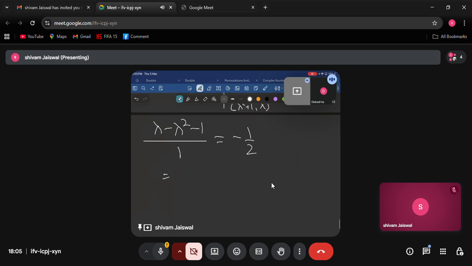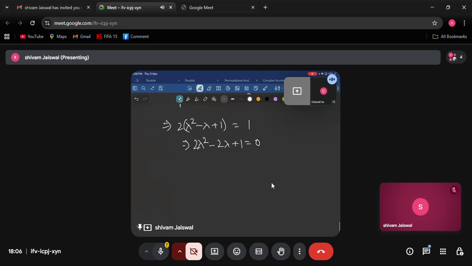So from here, what are we getting? 2 into lambda square minus lambda plus 1 is equal to 1. So from here we are getting 2 lambda square minus 2 lambda plus 1 is equal to 0.